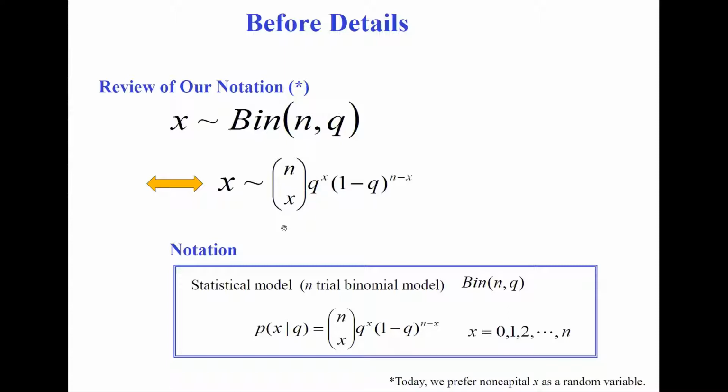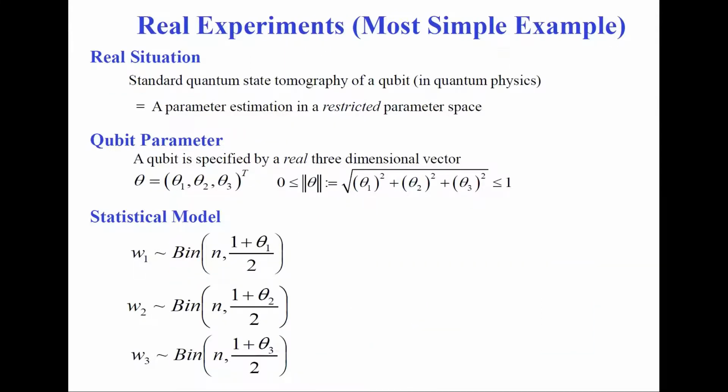Now let's go to the problem in quantum state tomography with small data. Let's consider standard quantum state tomography of a single qubit. Statistically, it is a parameter estimation in a restricted parameter space. A qubit is a unit of a quantum computer. And we prepare the qubit. And experimentally, we want to know what the qubit state is.